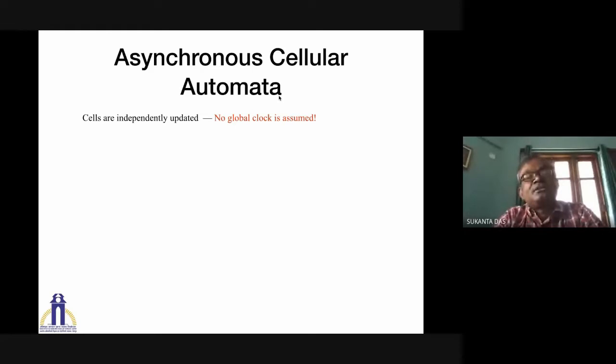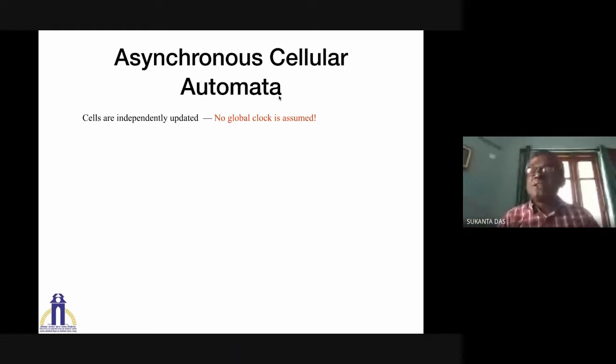Although in classical cellular automata there are several apparently independent cells, actually they are not independent, because there's a clock pulse and, based on its arrival, they are forced to get updated. We want to relax this one. We want to get a self-timed cell.